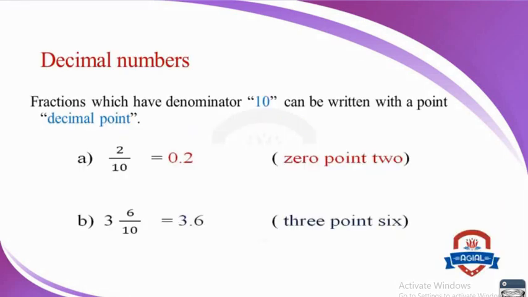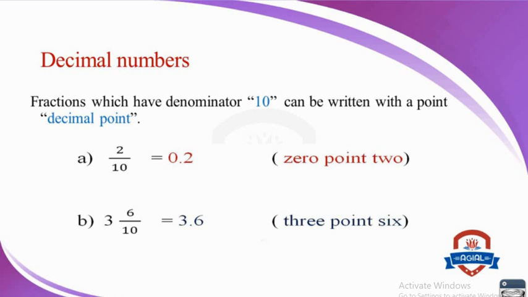Okay, decimal numbers. What's the meaning of decimal numbers? Fractions which have denominator 10 can be written with a point called decimal point. Like what? When I write, for example, 2 over 10, how can I write it?